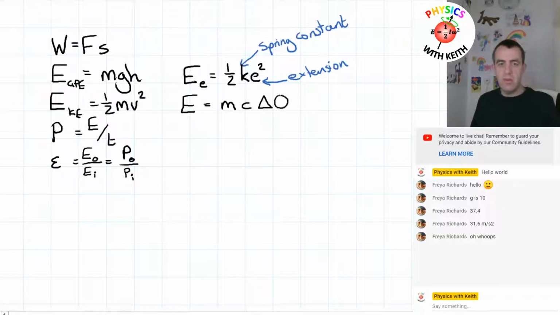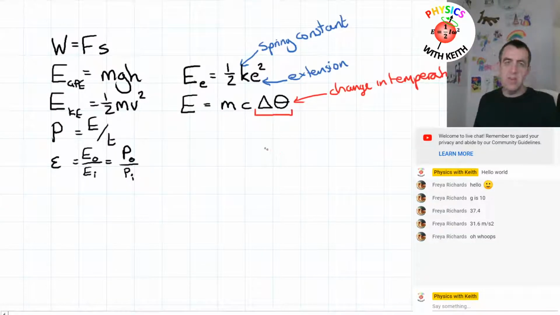Now, it's often written like this with the Greek letter theta, where delta theta is the change in temperature in either degrees Celsius or Kelvin. We don't know what all that means yet. That's the change in temperature. This thing called c is the specific heat capacity, and we'll talk about what that means at the appropriate time.